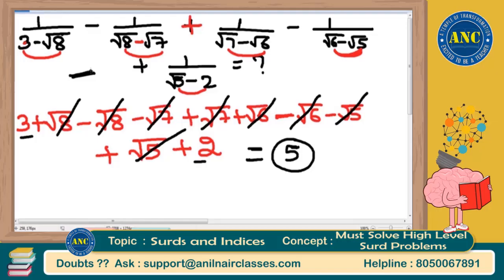This question it is very easy. In fact, previous also it is very easy. Root 5 plus root 5 minus root 5 cancels. In previous question is what Samir says.